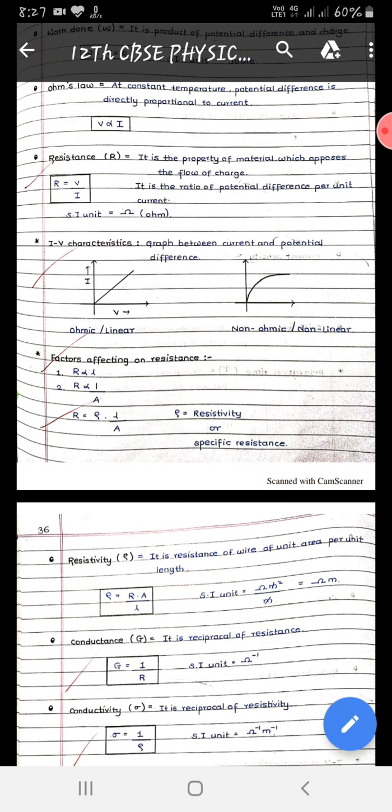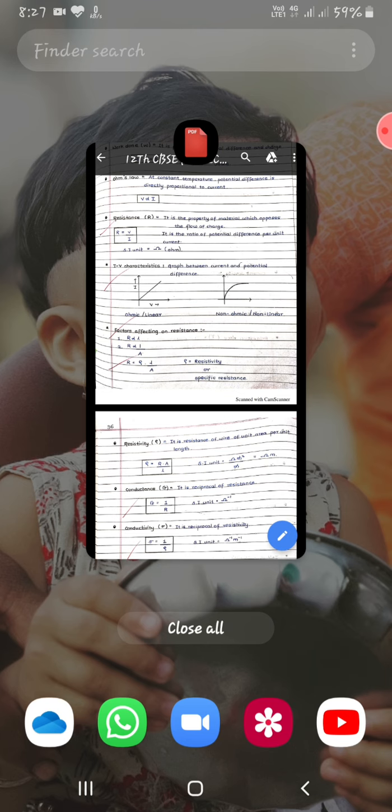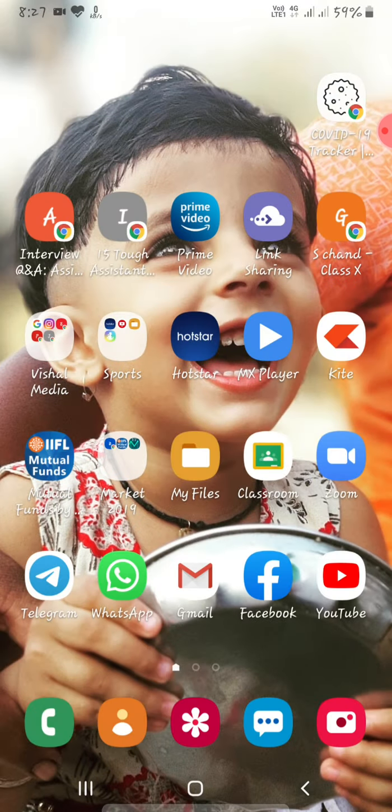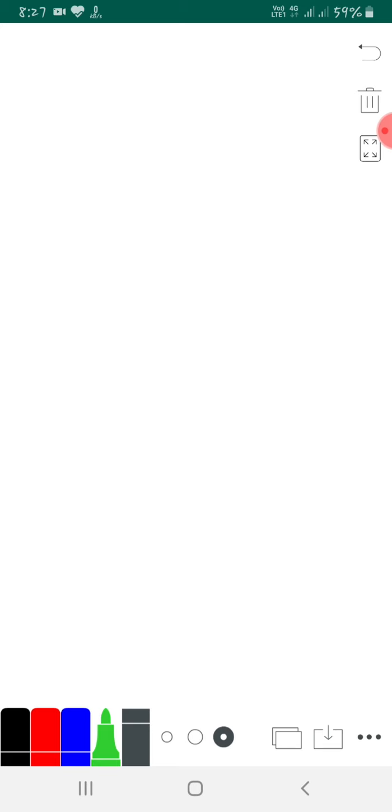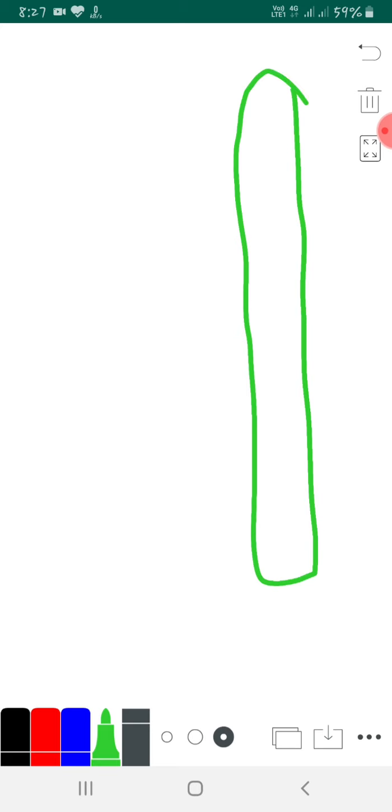And my dear student, here I want to explain one basic difference between resistivity and resistance. If you see this whiteboard, then I can explain the difference. Suppose this is the conductor, and this conductor is made of a large number of small pieces.